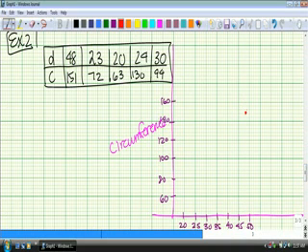About, because of course I scaled it, so it's not going to be accurate. Alright, then 23, 72, about right there. 20, 63, about right there.